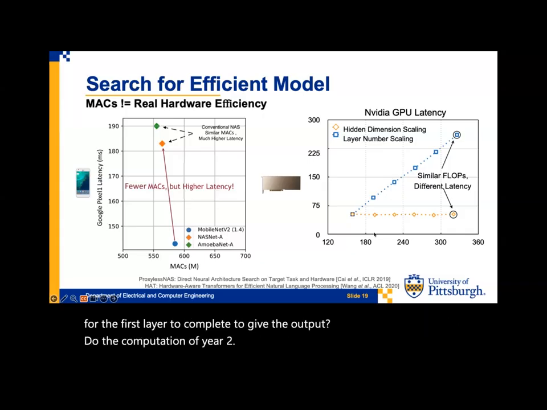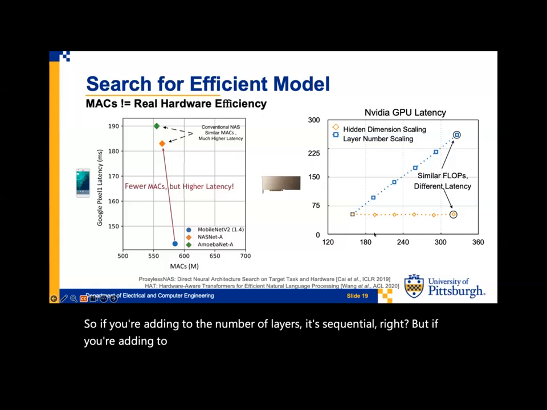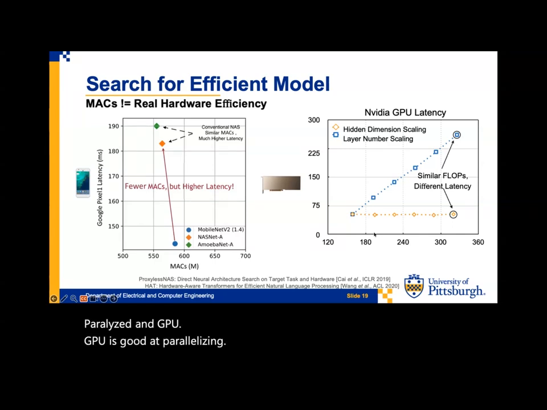So if you're adding to the number of layers, it's sequential, right? But if you're adding to the width of the network, they can be parallelized. And GPU is good at parallelizing, right?